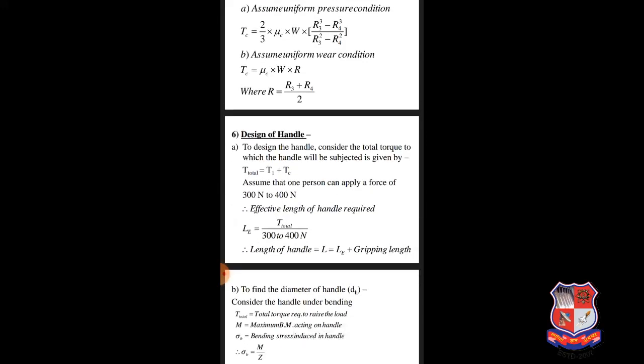Now design of handle, very important as it is used for raising or lowering the load. So the total torque that will act on the handle is given by T1 plus Tc. Assuming that one person can apply a force of 300 to 400 Newton, the effective length of handle required will be T total divided by 300 to 400. So length of handle will be Le plus gripping length.